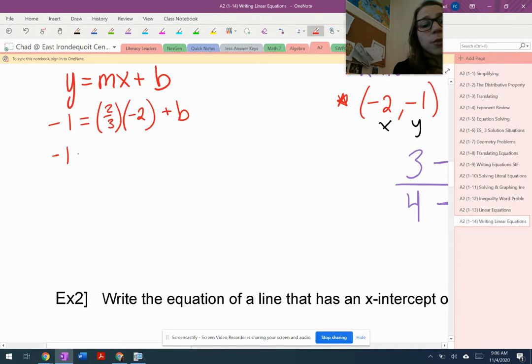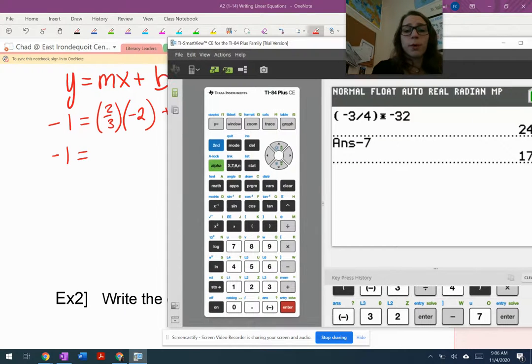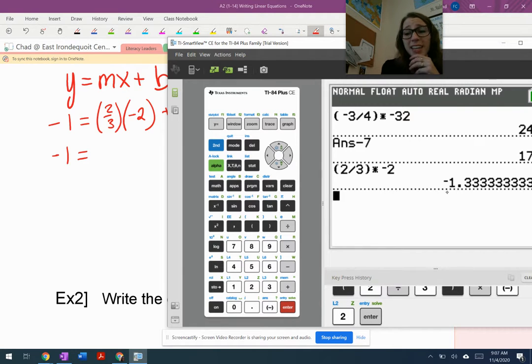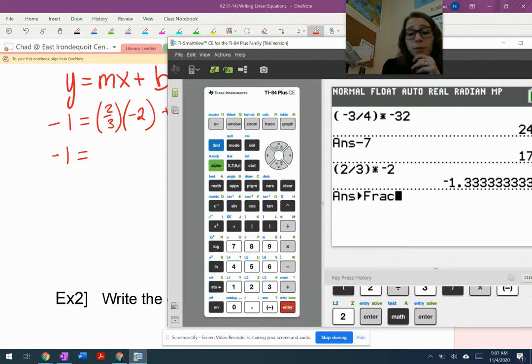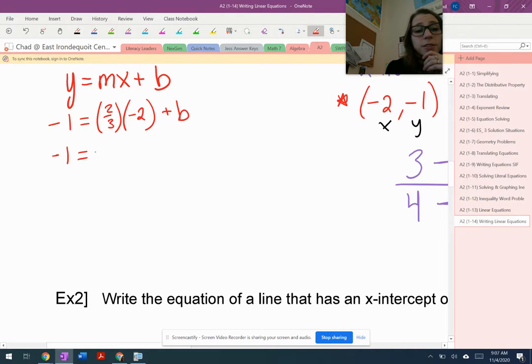So -1 is equal to, and this is where you can jump to your calculator, because why do math with fractions in your head? Parentheses 2/3 times -2. And again, repeating decimal, no bueno. So we're going to math frac that to get -4/3. -4/3 plus b.